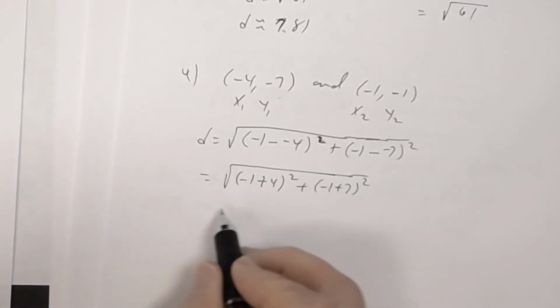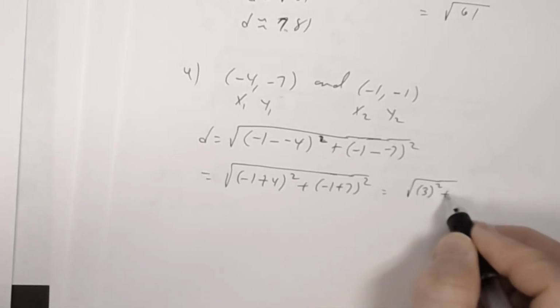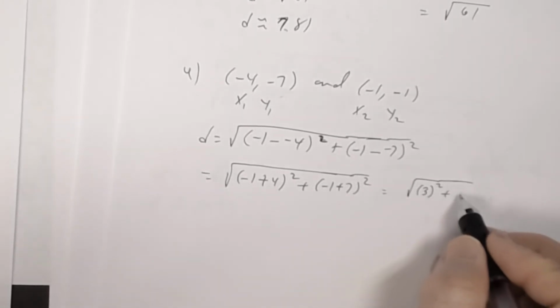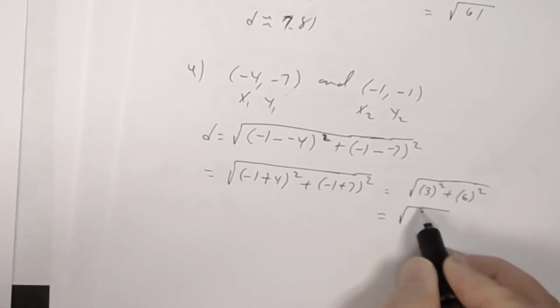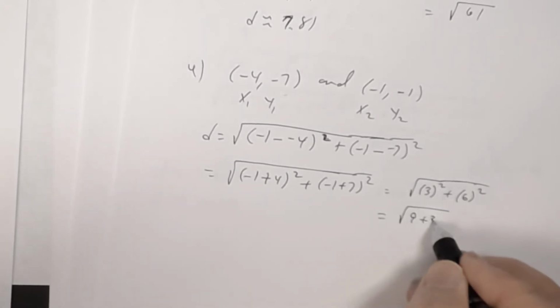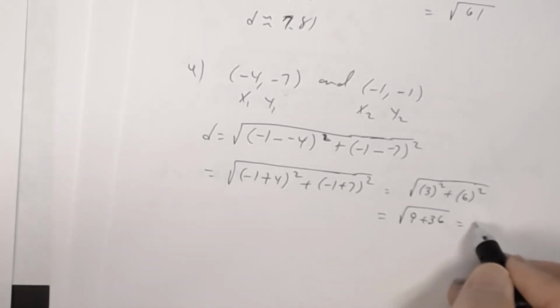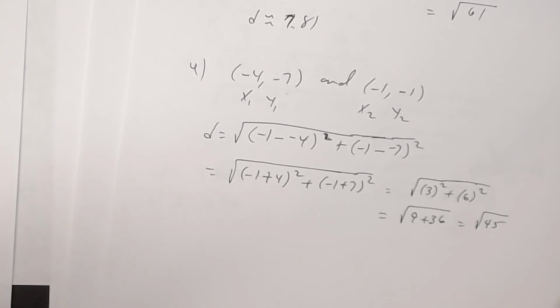Negative 1 plus 4 is 3, so I get 3 squared, plus negative 1 plus 7 is 6, I get 6 squared. So this becomes the square root of, don't forget square root, 3 squared is 9, 6 squared is 36. And then 36 plus 9 will give me, what's that, 45? Okay, square root of 45.